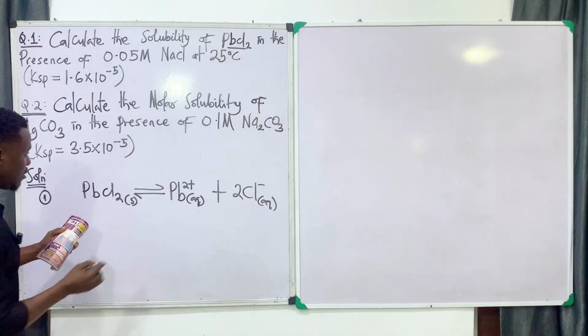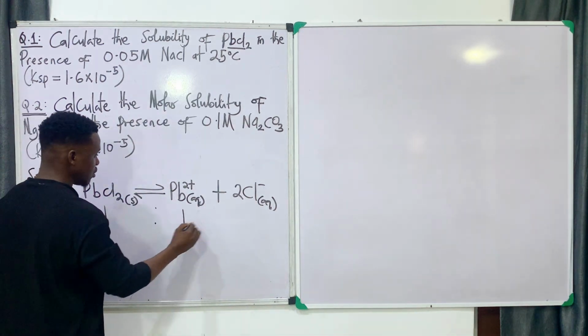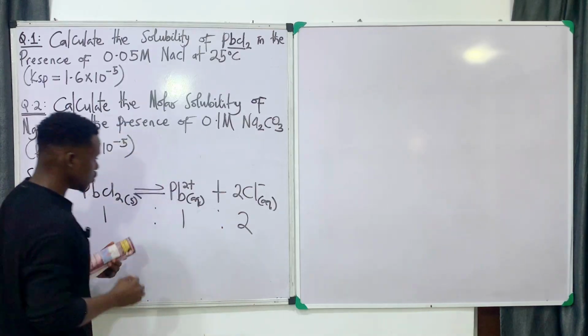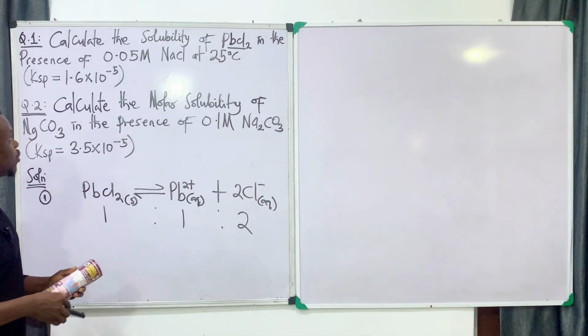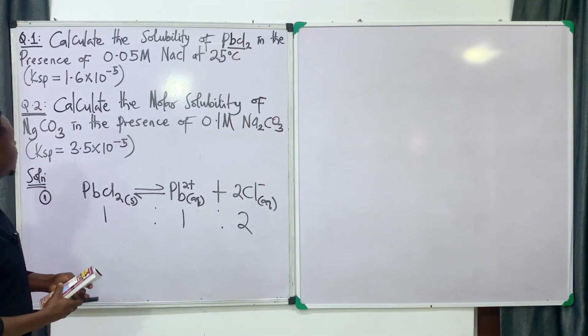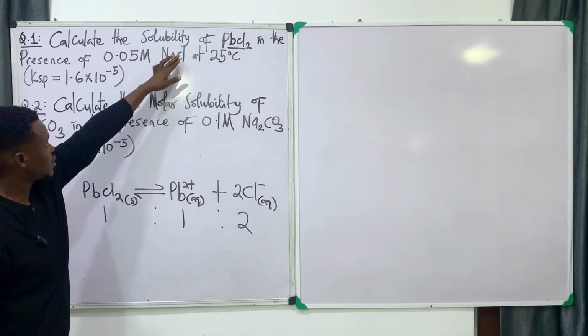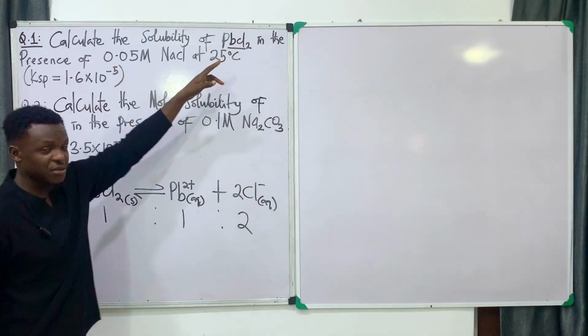All right, so the ratio here is 1 to 1 to 2. We do not know the molar solubility, we have to solve for the molar solubility of this PbCl2.